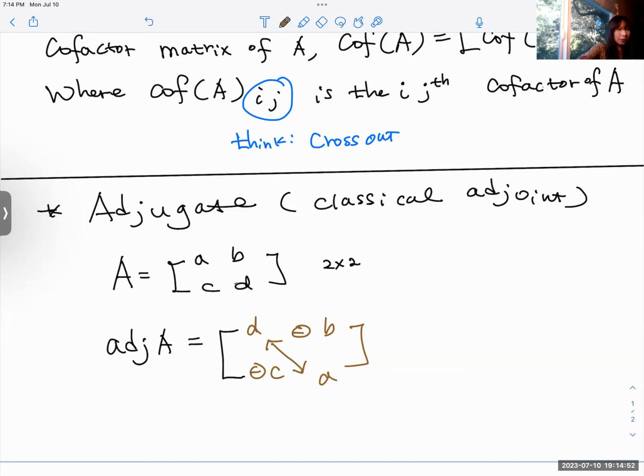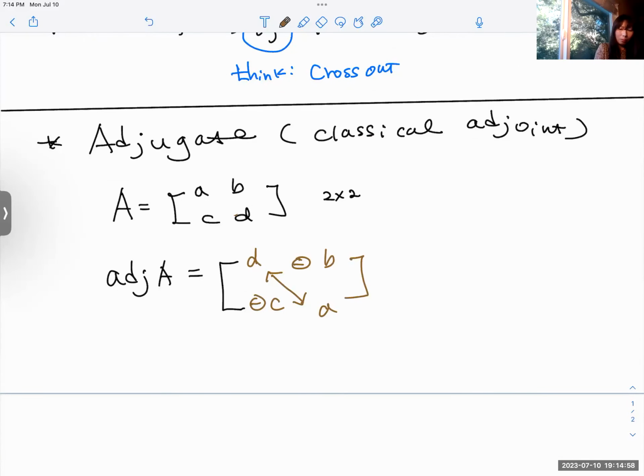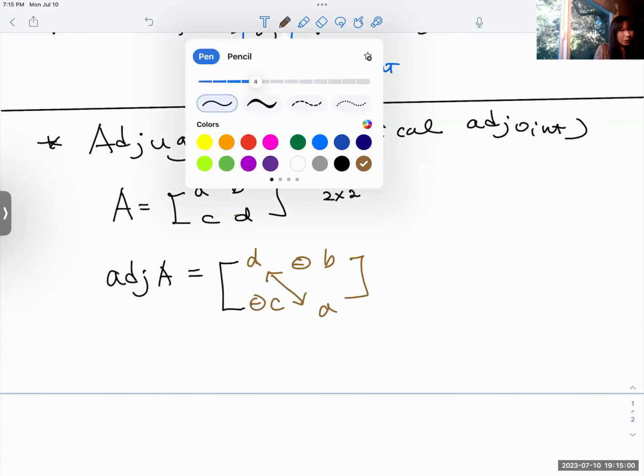Okay, let us do this. We have inverse and determinant. How do you find the inverse?